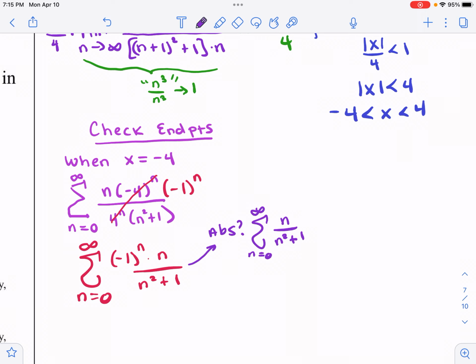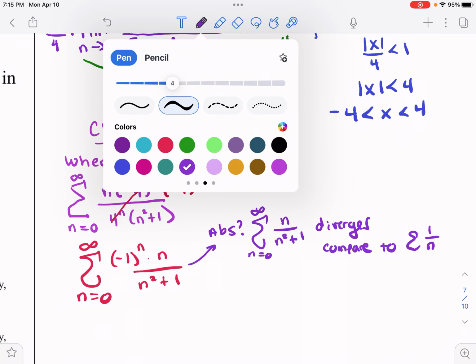Okay, what does that do? That's going to diverge because it's going to behave like a p-series. Compared to this, it's going to behave like that series there. Okay, so that diverges.